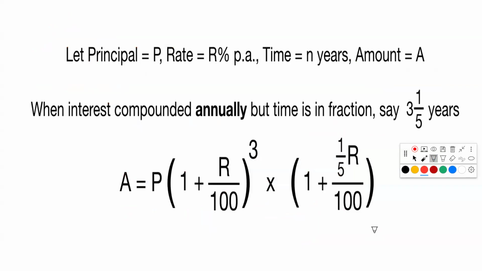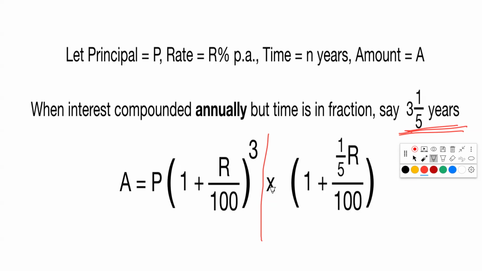And two more formulas are there. If time is in fraction, say for example, 1/5 years or 2.5 years, 3.5 years, 3 and a quarter, that is 3 years and one more quarter, that is 3 months. So how to do this? Just like the yearly calculation, the first part is amount is P into (1 plus R by 100) power 3, for 3 years.